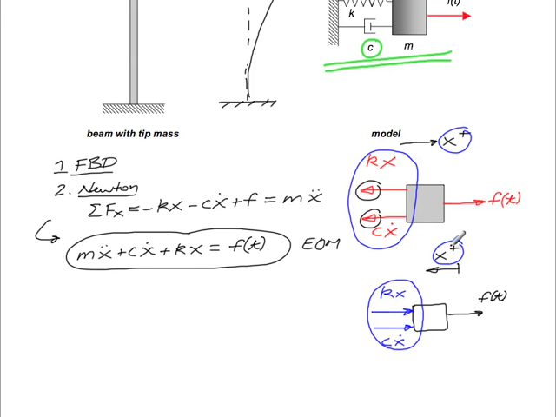One final point I would like to make is that we need to make sure that the signs of these terms on the left hand side are all the same. In this case, they're both plus. Why is that?